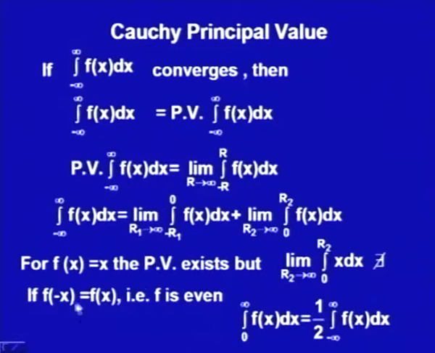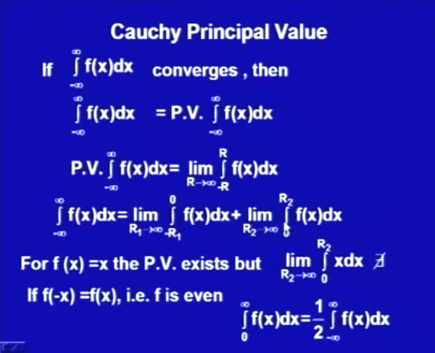If f of minus x is f of x for all x, let us see this. If one of these right hand side limits is existing, say suppose this limit is existing, for r 2 approaching to infinity, integral 0 to r 2 f x dx. If this limit is existing, if I change x to minus x, I would reach this integral.